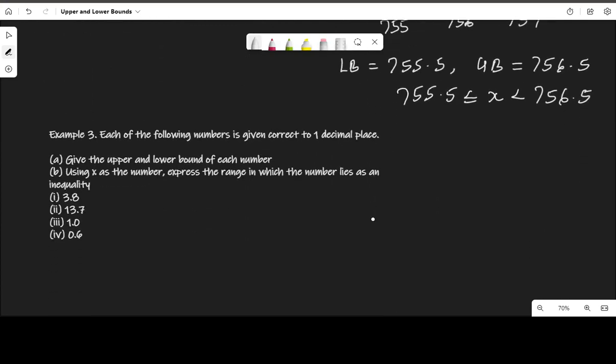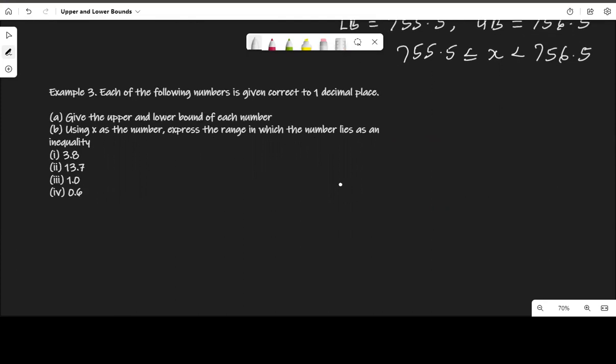Example number 3 says each of the following numbers is given correct to one decimal place. Give the upper and lower bound of each number. Using x as the number, express the range in which the number lies as an inequality. So for the first one, I have 3.8.